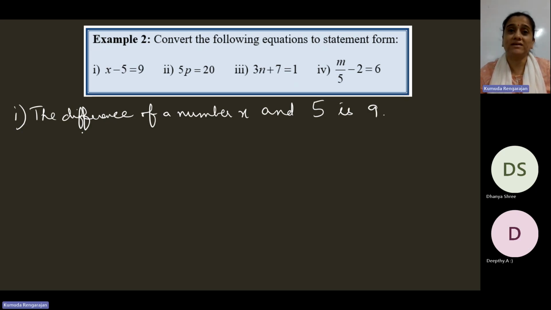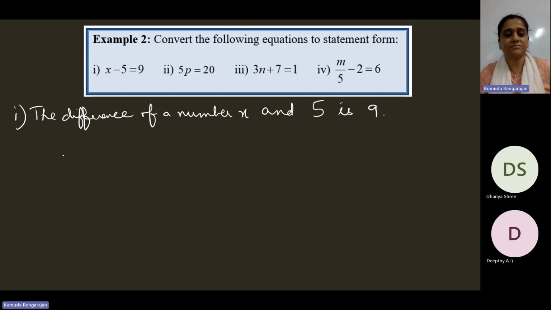Which one? Your question. What is not given? 1/5 of m, yes, you can say that. 1/5 of m is m by 5.